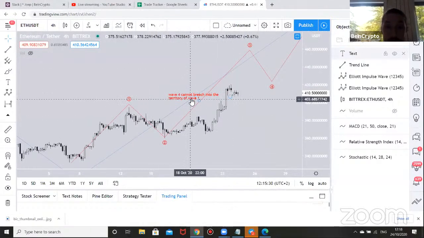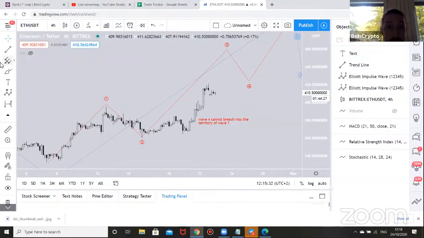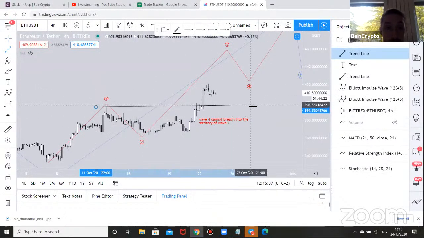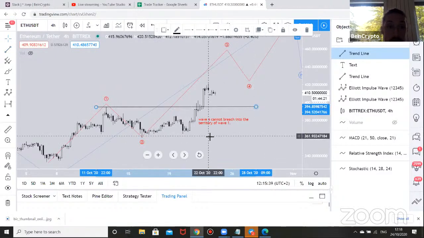So if you assume that this formation is correct, and you're longing from anywhere here, your stop loss should be placed right here.